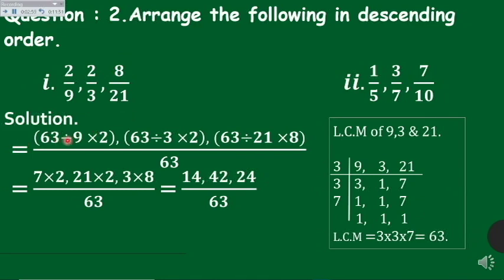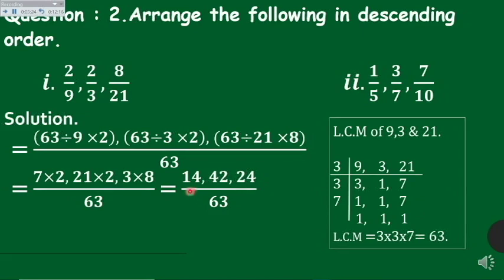Okay, so after dividing 63 by 9, you will get 7 and multiply by 2. Here 63 divided by 3, you will get 21, multiply by 2. 63 divided by 21, multiply by 8. After doing multiplication, 7 2s are 14, 21 2s are 42 and 3 8s are 24.